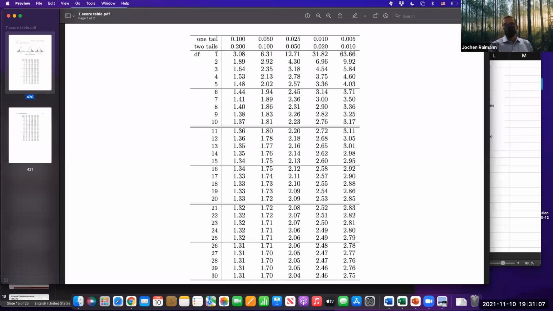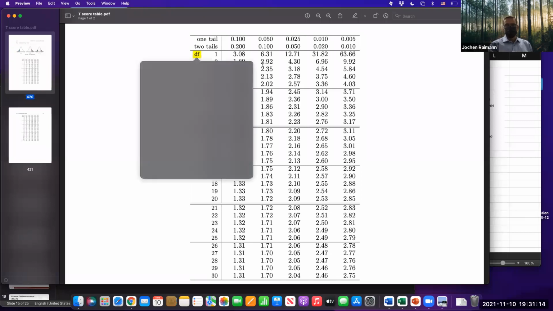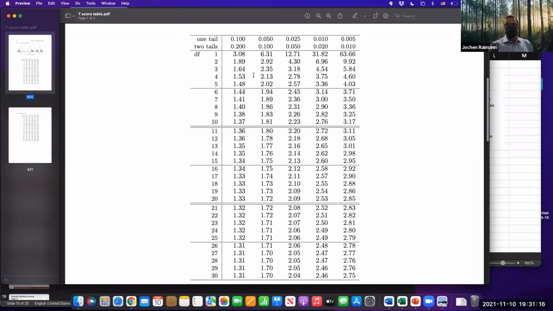So this is a sample size of 2, sample size of 3, sample size of 4, sample size of 5. Sample size of 5 minus 1 gets you to a degree of freedom of 4, and the threshold is 2.78. So it's saying if we don't know the 2.78 score, that's how we find it using the chart. Exactly. Okay, thank you. Yeah, of course.